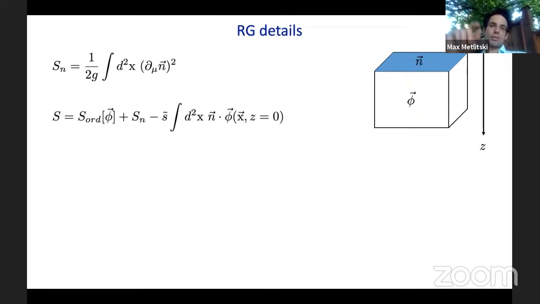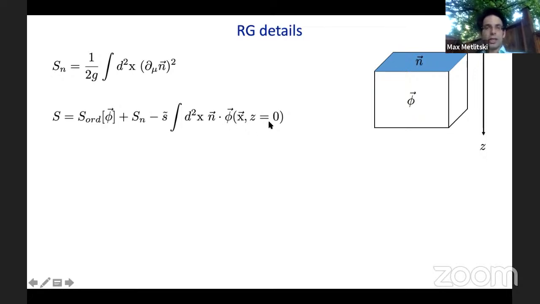And initially turn off the coupling between the boundary layer and the next layer, right? So then everything but the top layer is described by this boundary conformal field theory with ordinary boundary condition. Then the top layer is described by the nonlinear sigma model, and finally there is the coupling between the two.